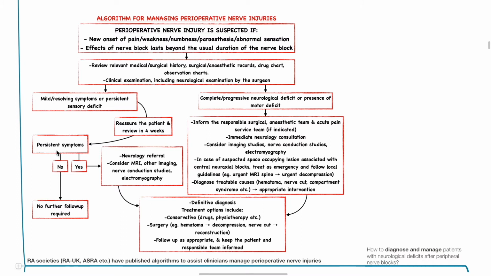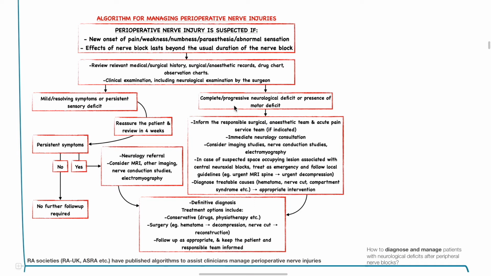If there are persistent symptoms, refer to a neurologist and consider MRI, other imaging, nerve conduction studies, and electromyography to arrive at a definitive diagnosis. Treatment options include conservative, such as drugs and physiotherapy, and surgery. Follow up as appropriate and keep the patient and responsible team informed.